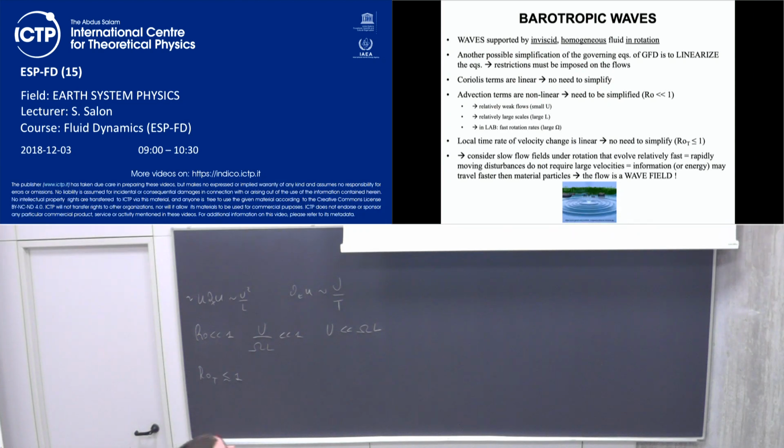As we tried to intuit last time, what we are considering are slow flows under rotation that evolve relatively fast. So we have some sort of disturbances that are rapidly moving and do not require large velocities.